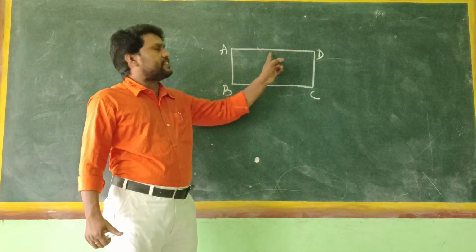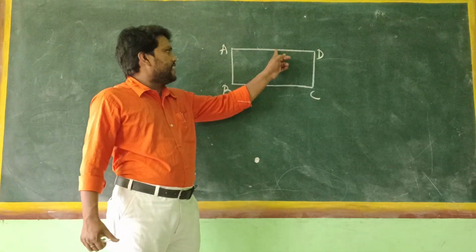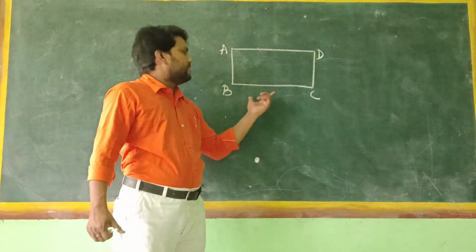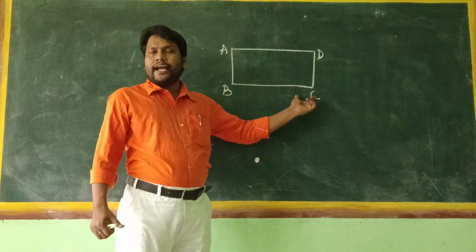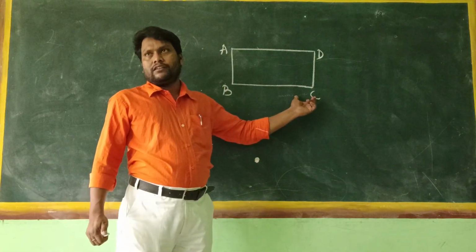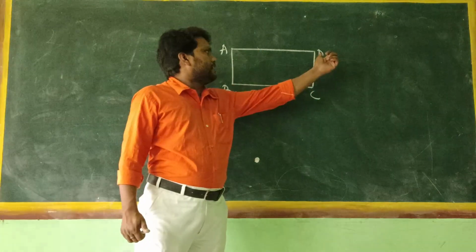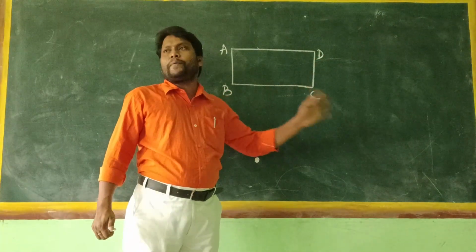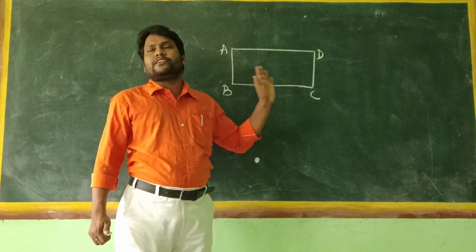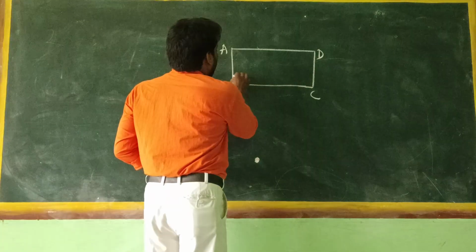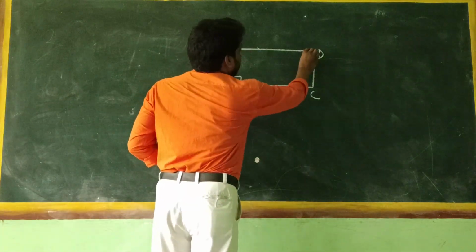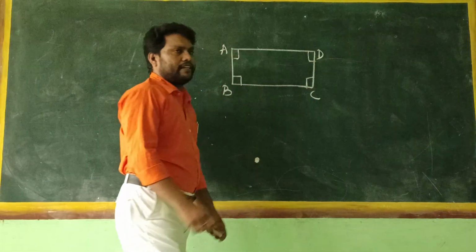Two opposite sides are equal. That means length AB is equal to CD and also parallel, and AD is equal to BC and also parallel. So these are the characteristic features, and four angles are 90 degrees.